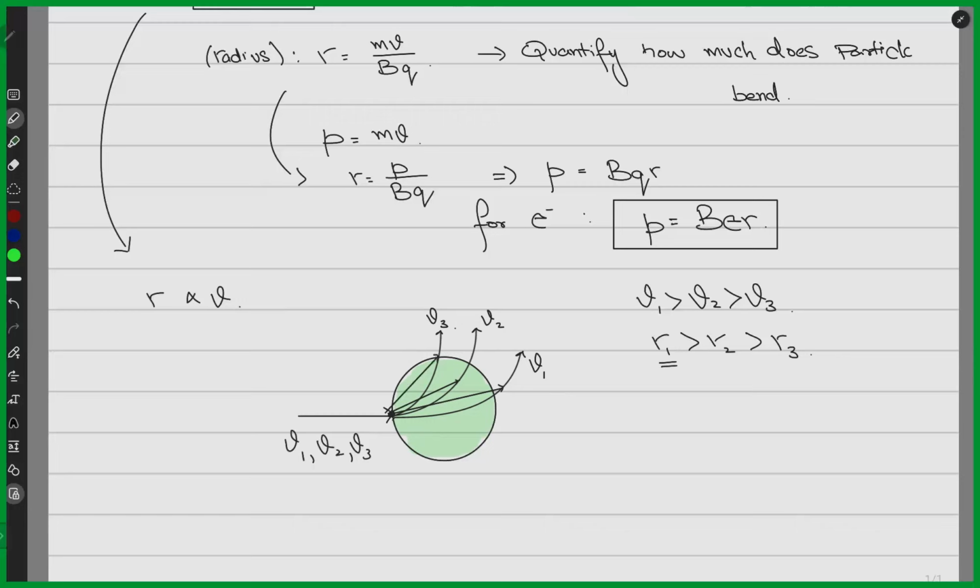So this would be the relation, and this just tells you that the greater the velocity of the particle is, the greater the radius will be. And what does that mean in terms of deflection? The greater velocity means less deflection, right? So I'll write that down.